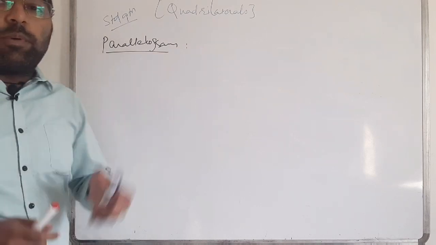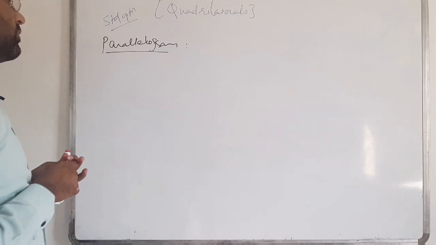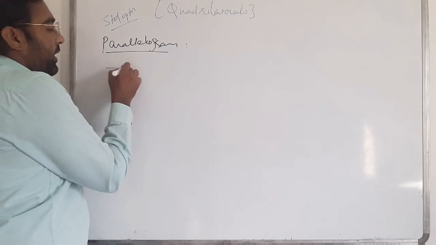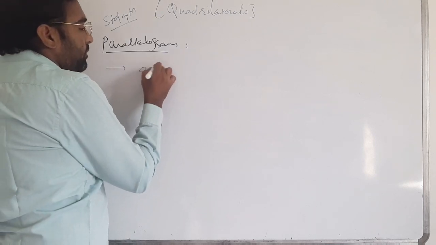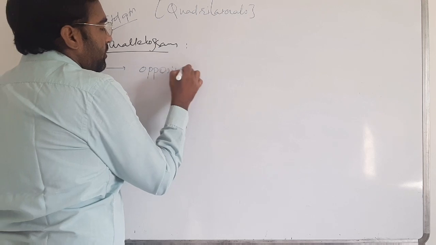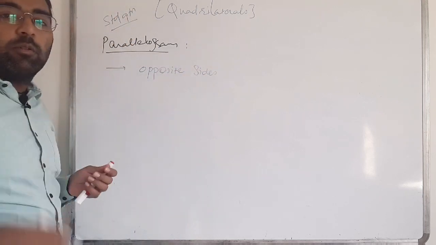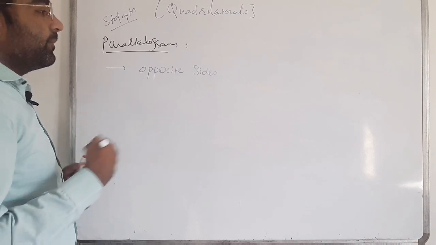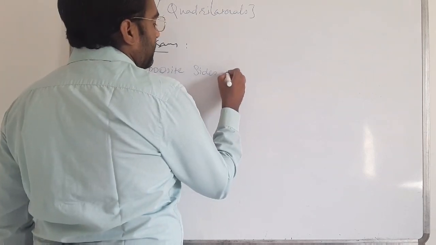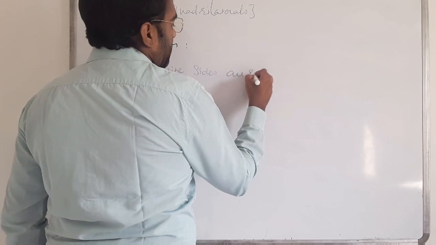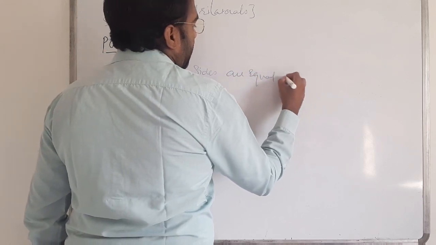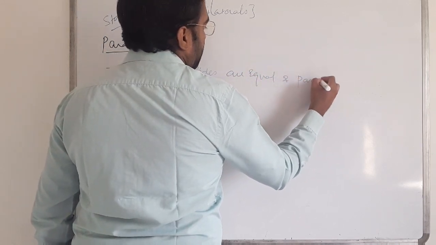The first property of the parallelogram is that the opposite sides of the parallelogram are equal and parallel.